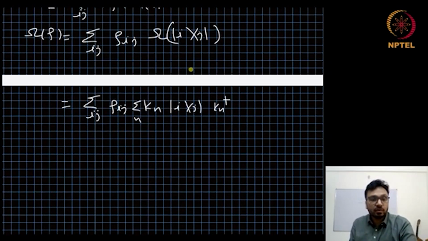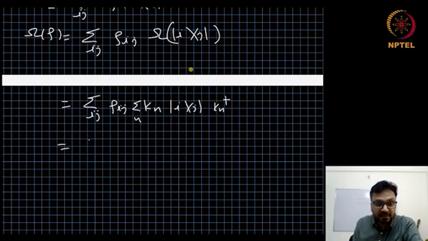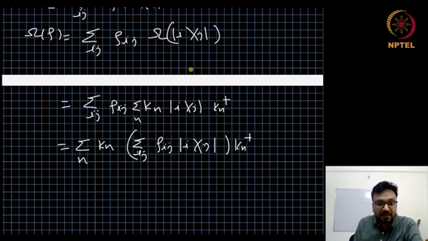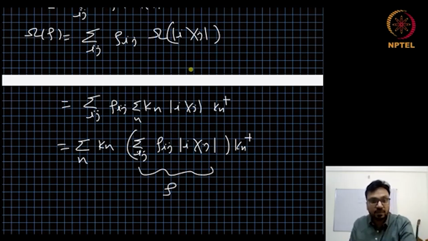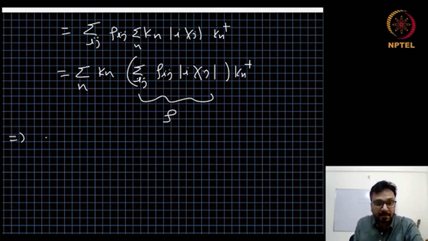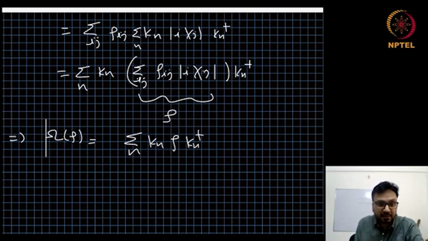We can take rho ij and the summation over ij inside the summation over n. We get Kn times the sum over ij of rho ij |i⟩⟨j|, times Kn dagger, and this is rho. So omega acting on rho can be written as the sum over n of Kn rho Kn dagger. Hence proved.